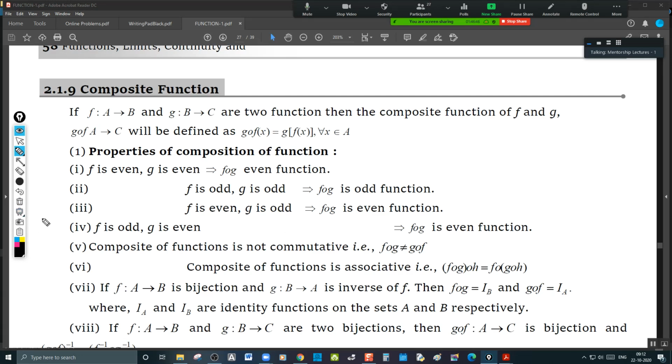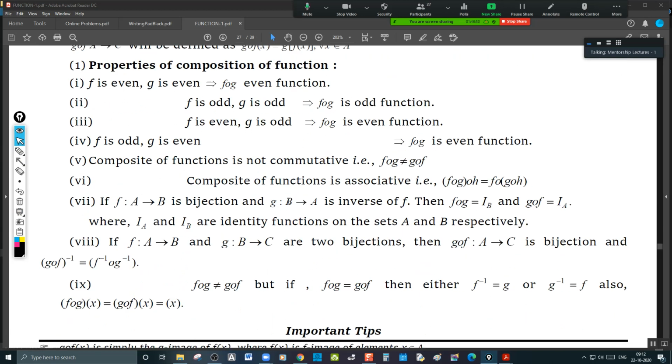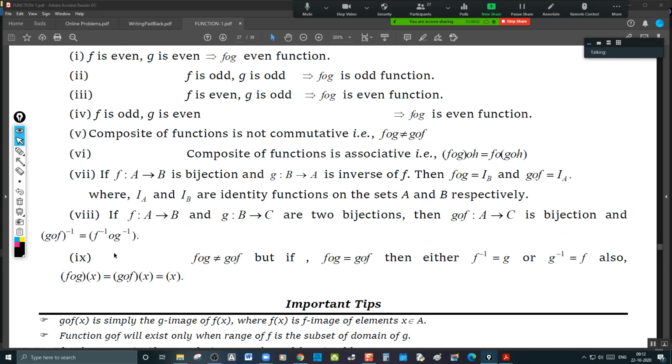Okay. Now, G circle F whole inverse. Generally, you might have seen this even in matrices also. It always splits from the right side. Just see this. G circle F whole inverse is nothing but F inverse circle G inverse.